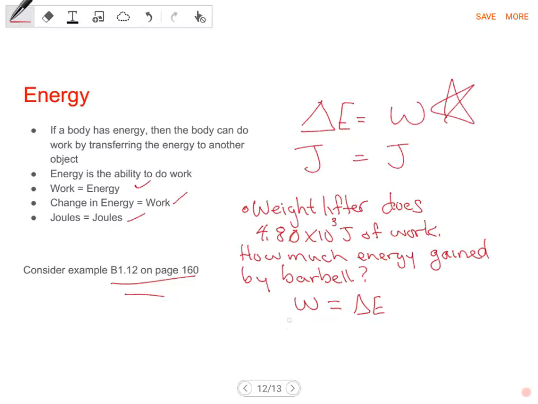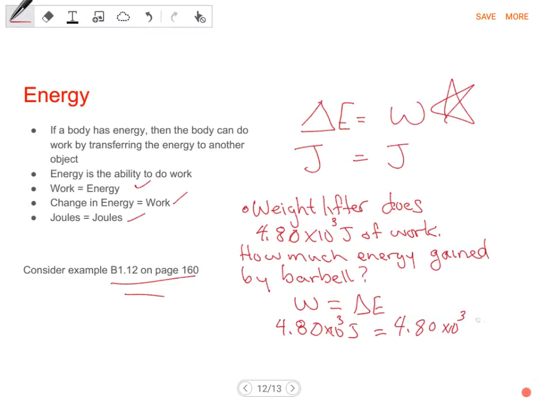The weightlifter did 4.80 times 10 to the 3 joules of work. Think of it: this person did work on the barbell. To lift that barbell required all that energy. So now when that barbell is in the air, that barbell has that exact same amount of energy.